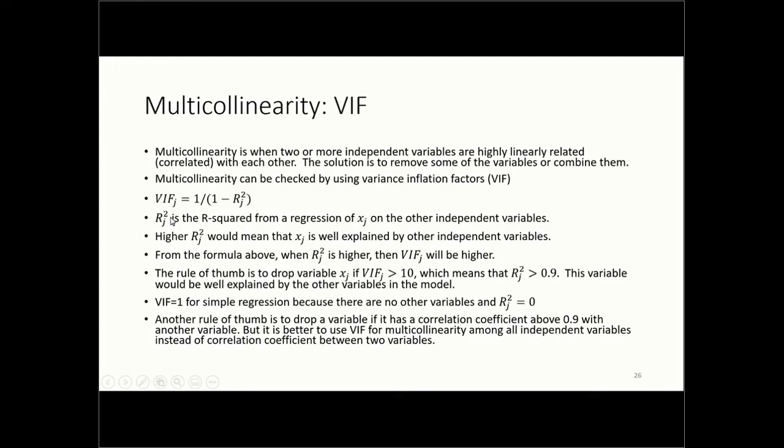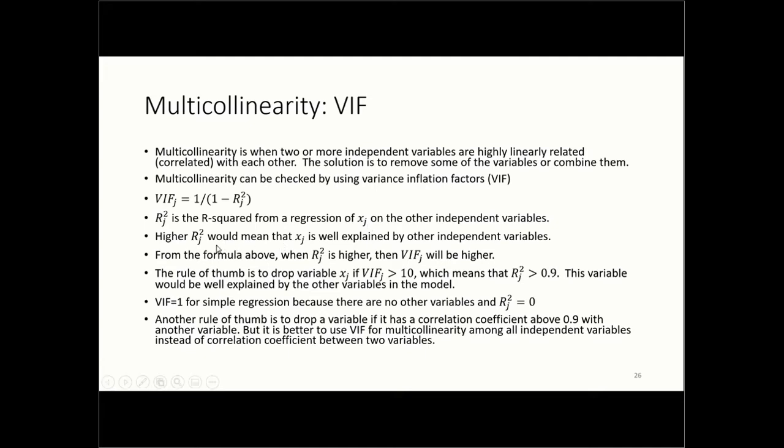This R squared j is the R squared from a regression of j on all the other independent variables. So if we are interested in the VIF for the third independent variable, we would regress the third one on the first and the second.